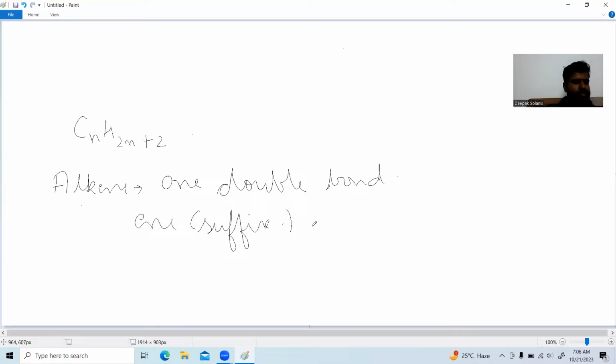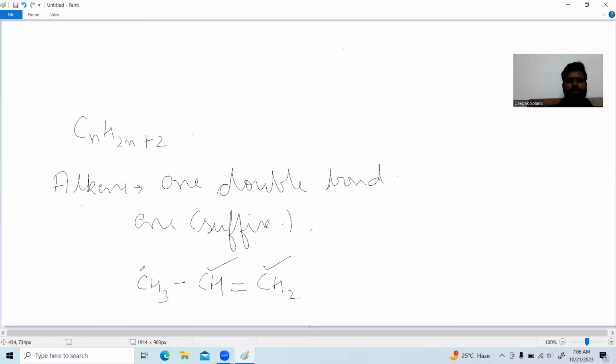It is simple to understand. Let's take an example. CH3 single bond, CH double bond, CH2. Now, first of all, check the valency of the 3 carbons. This carbon contains 2 hydrogens and 2 bonds. This valency of 4 is complete. Now take this carbon: 1, 2, 3, and this one is 4.